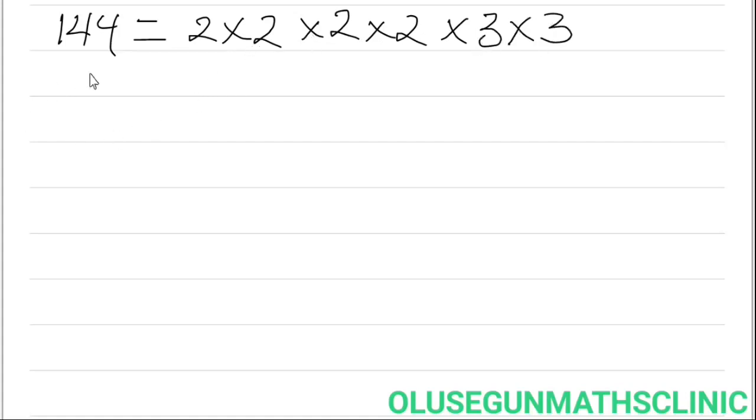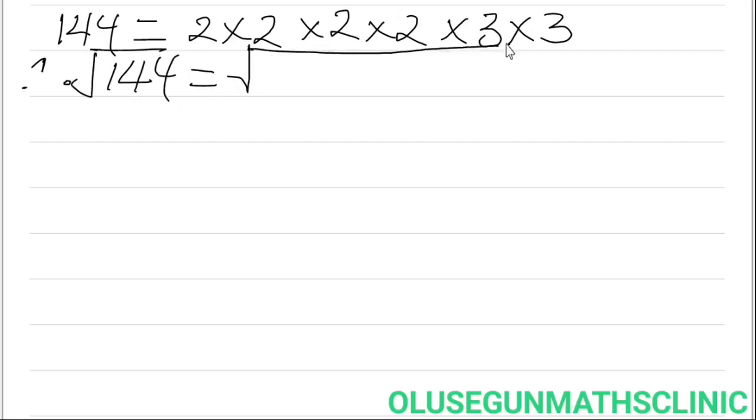So the real question says the square root of 144, which is root 2 times 2 times 2 times 2 times 3 times 3.